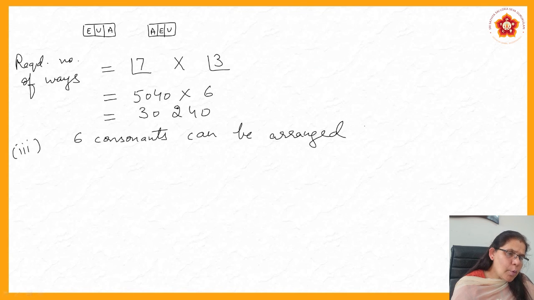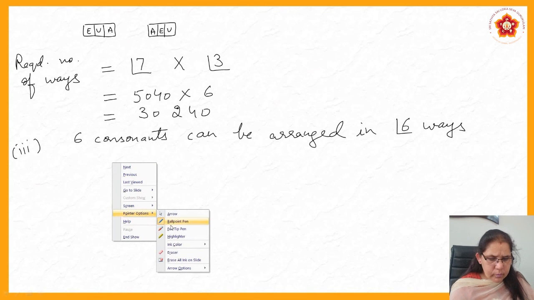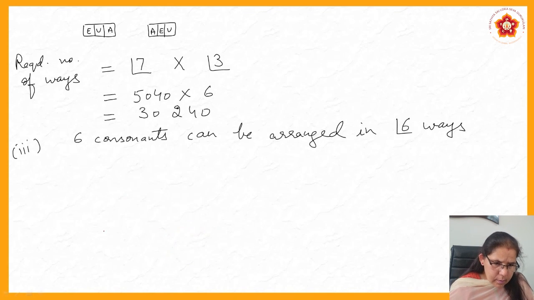6 consonants can be arranged in how many ways? 6 consonants can be arranged in factorial 6 ways. Let's try to fix their positions.